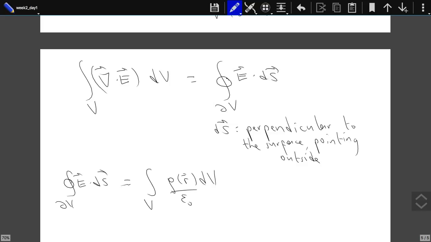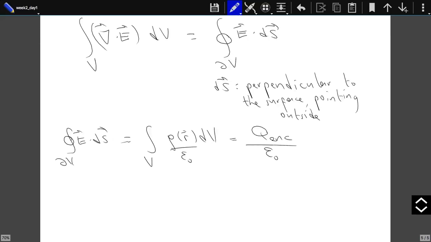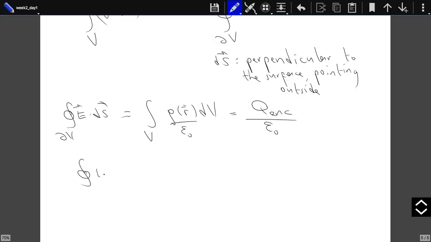That is why I put this circle sign. It's a closed surface. But the integral of charge density over a volume just gives me the total charge. Of course, this is the total charge in the volume. And this is the integral form of the Gauss's law.